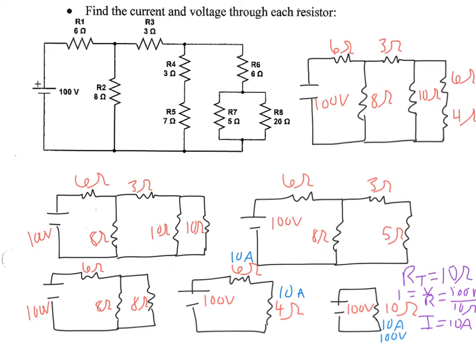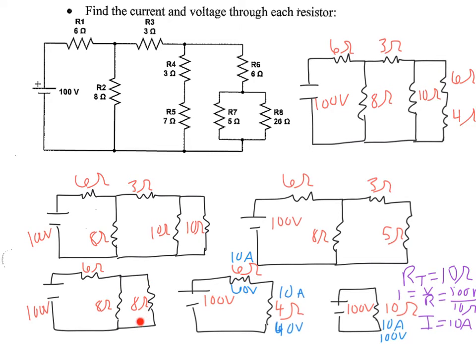Now I find voltage. V equals IR. So 6 times 10 is 60 volts. 4 times 10 is 40 volts. Voltage should add up, so 60 plus 40 equals 100. So that makes sense. Now working backwards. That's all we're going to do is keep working backwards.